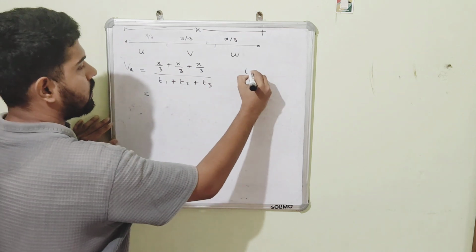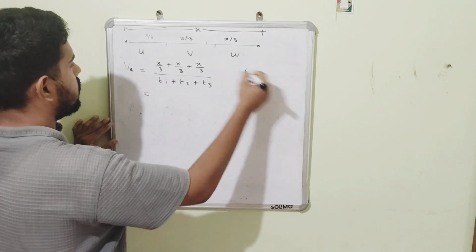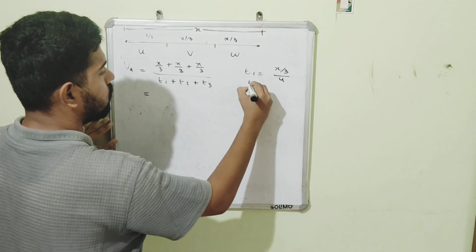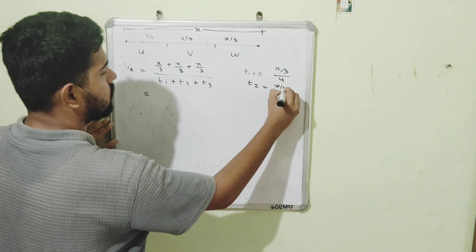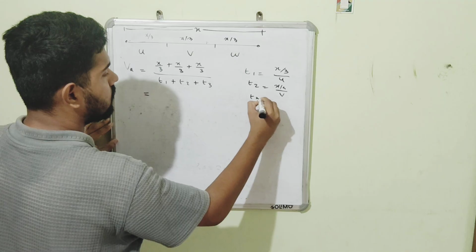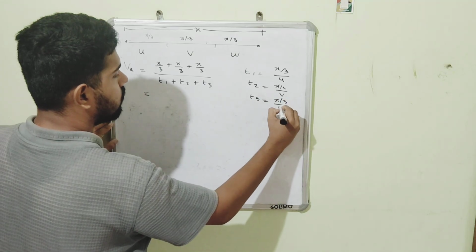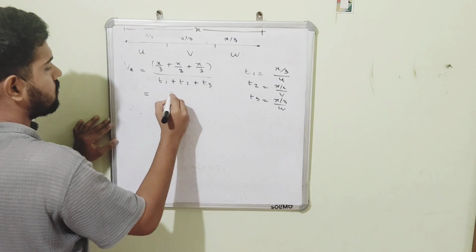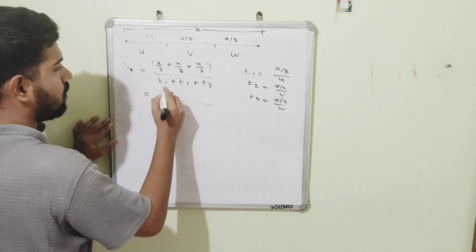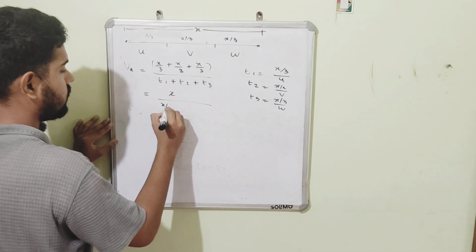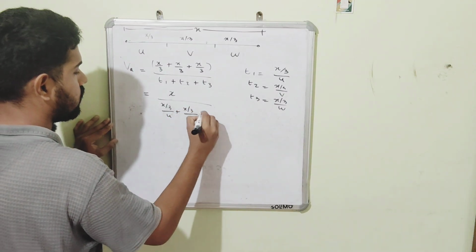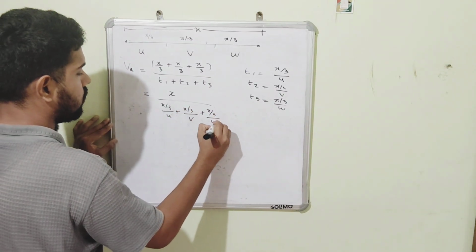So for t1 we know it is distance by speed, that is x by 3 by u, t2 x by 3 by v, t3 x by 3 by w. We can substitute these values in here. So in the numerator we know it is just x, and for t1 it is x by 3 by u, x by 3 by v, x by 3 by w.